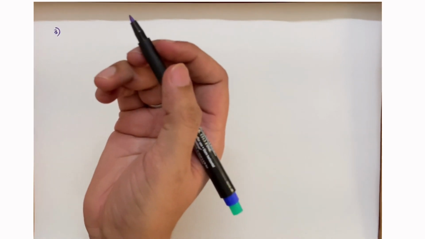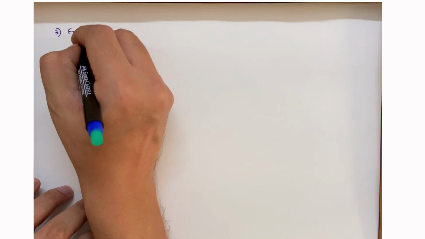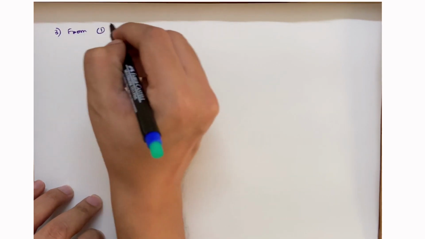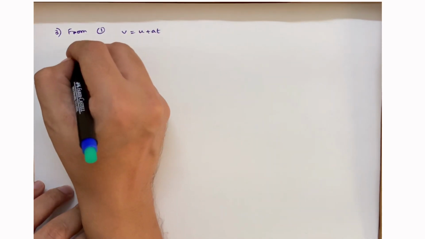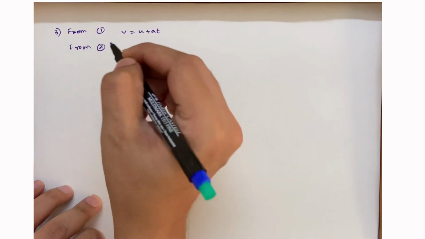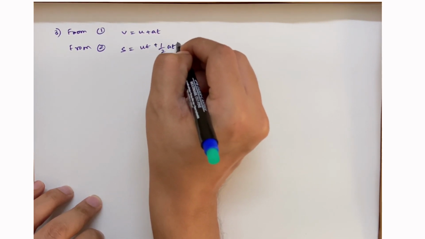Now let us derive the third equation of motion, that is V square minus U square is equal to 2AS. So for this what we will do is, we know that from first equation V is equal to U plus AT. From second equation we know that S is equal to UT plus half AT square.